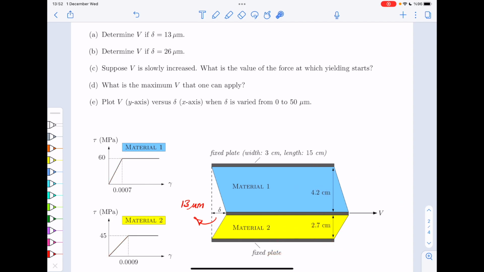If not, then you need to repeat that properly. And that's exactly the goal of this example. In this part, as we will see shortly, everything is elastic. In this part, something more exciting is happening. All right, so let's start with part 1 or part A.